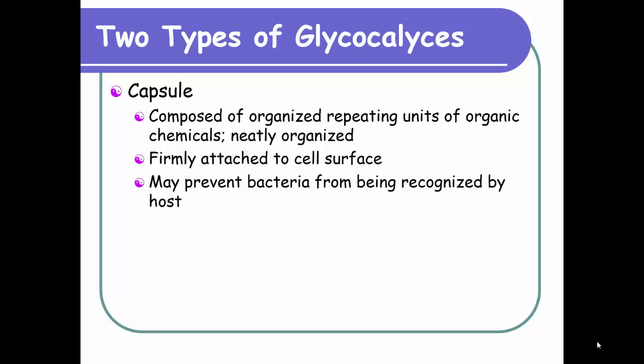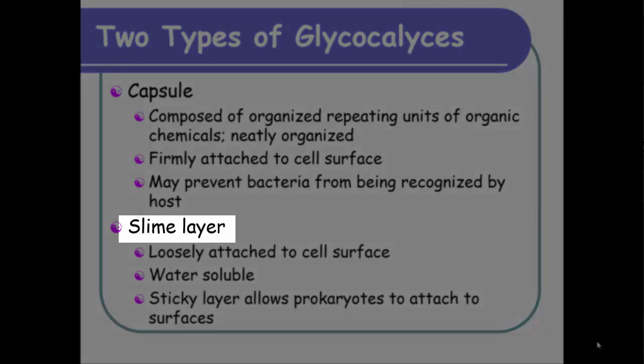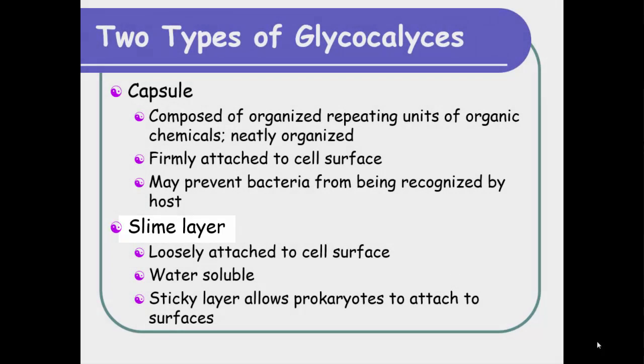These capsules can be very thick and may prevent the bacteria from being recognized by the host's immune system. I actually call these capsules the invisibility cloak of the bacteria that have them. The slime layer on those that don't have a capsule typically is very loosely attached to the cell surface, much less organized than the capsule.